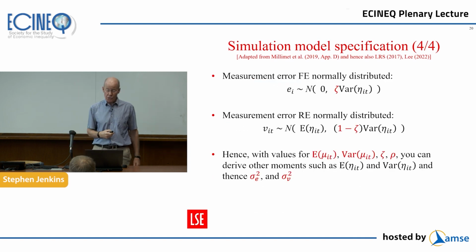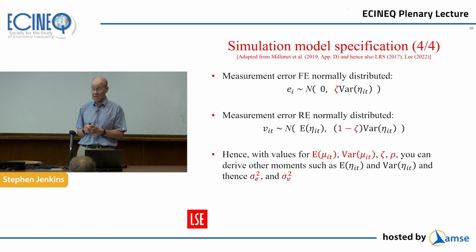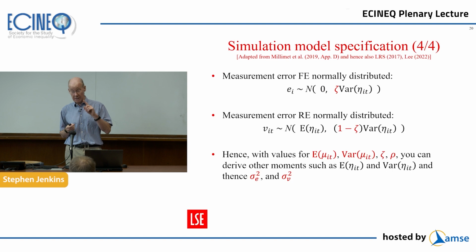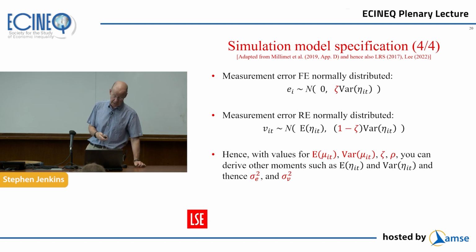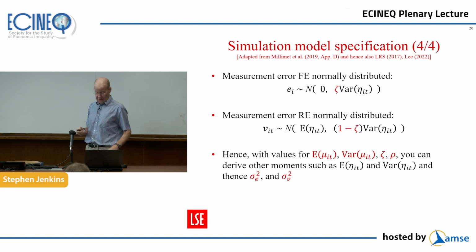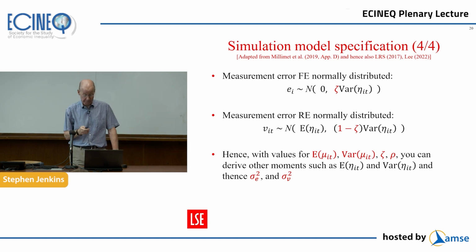Then you make assumptions, which are fairly standard: the measurement error's fixed and random components are both normally distributed, so essentially a mixture of those two, which depends on this other psi parameter. What that means is if you've got values for the mean and variance of realized measurement error, you can derive all the other moments.